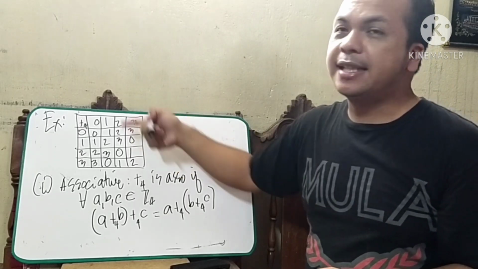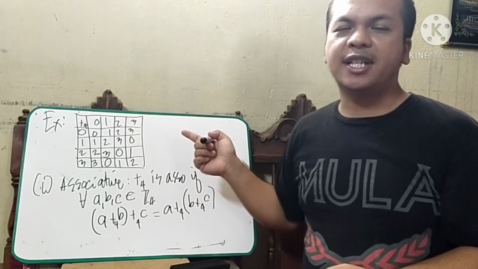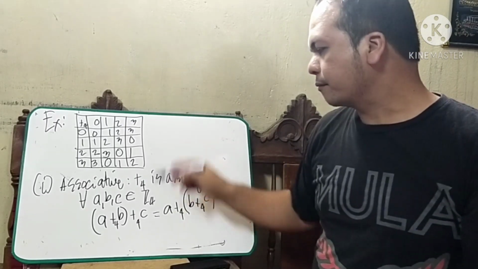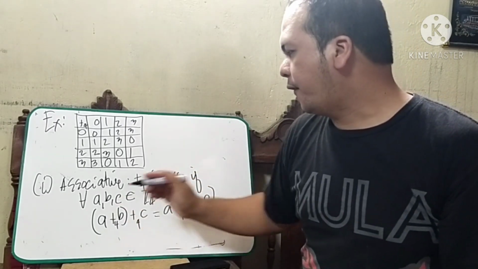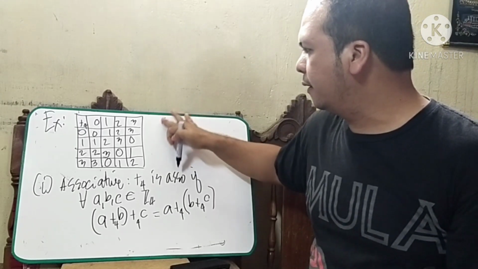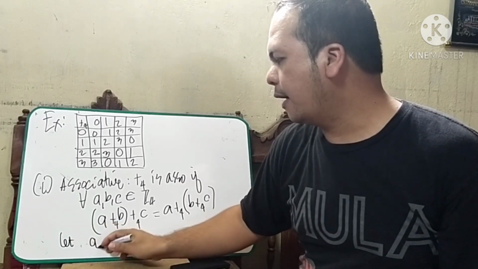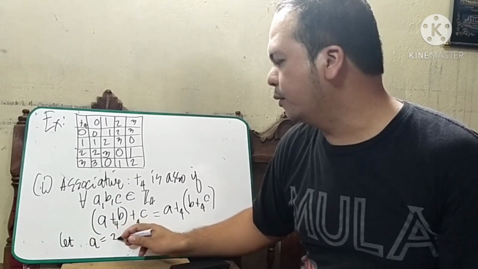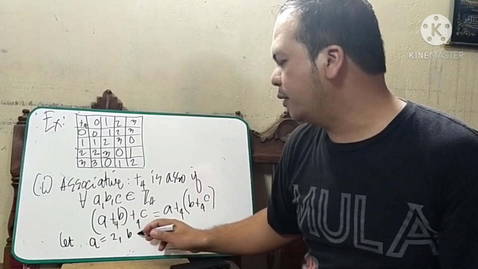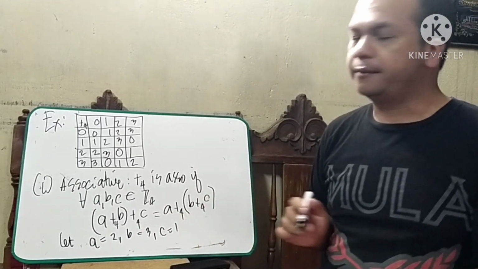Now, using this table, the Cayley table for Z sub 4 with respect to addition modulo 4, for example, we let A equal to 2, B equal to 3, and C equal to 1.